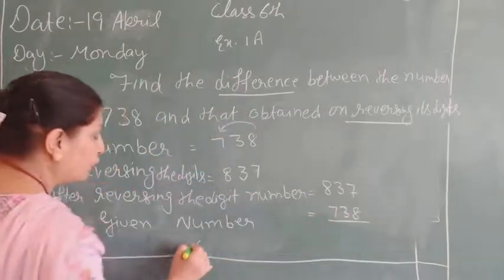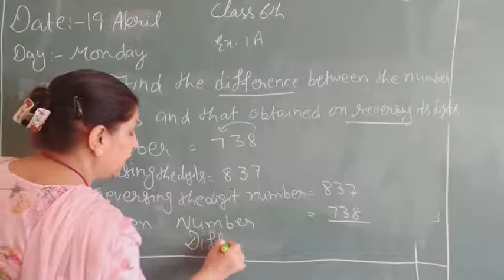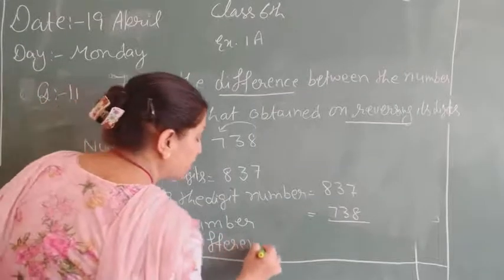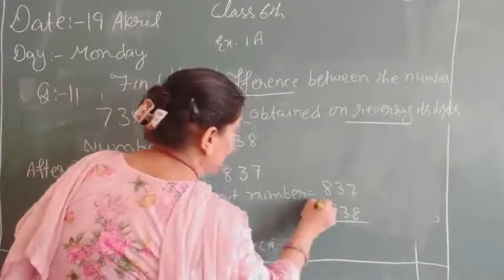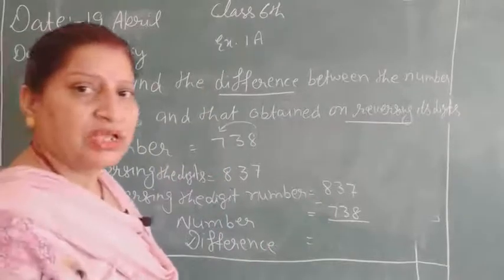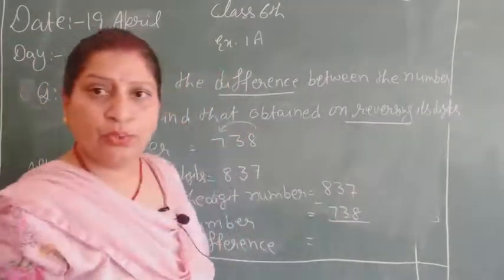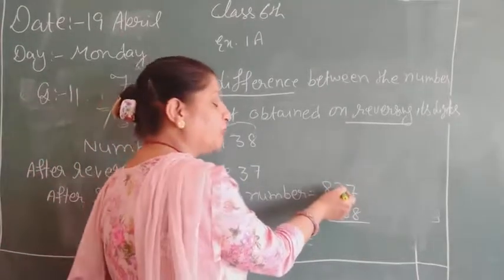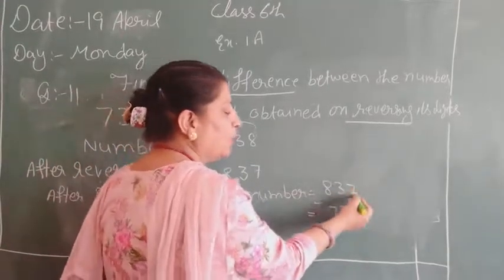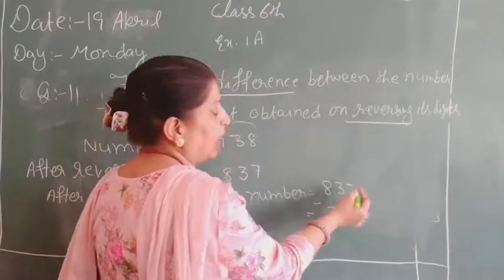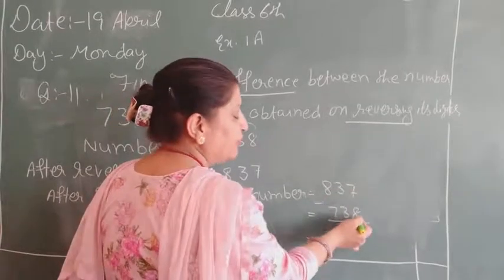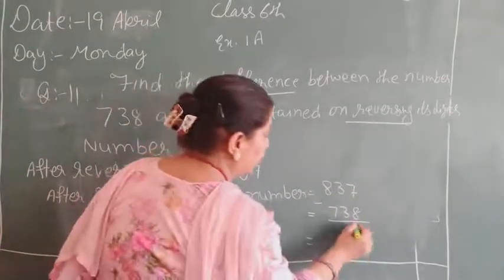Now we have to find the difference. In difference we have to do the subtraction. So when we subtract these numbers, we cannot subtract 8 from 7, so we have to take a borrow, and after taking the borrow we have the number 17, and from 17 when we subtract 8, we get 9.